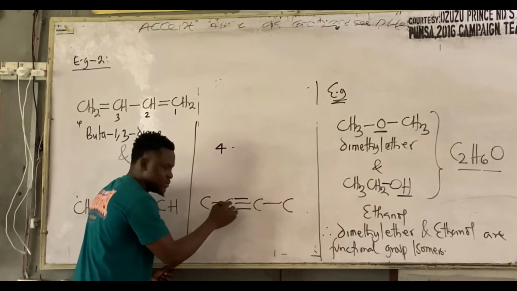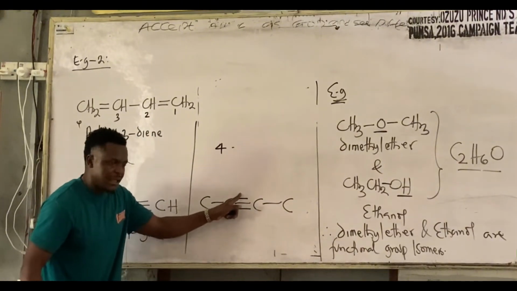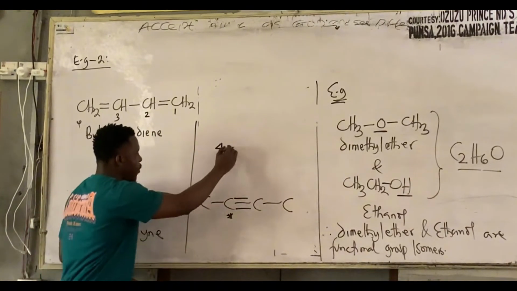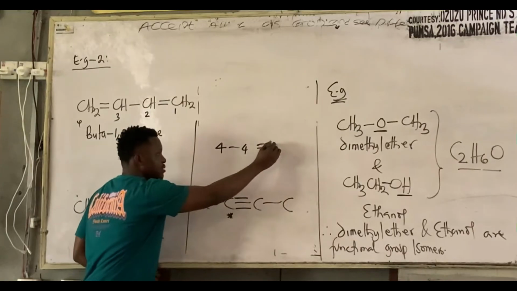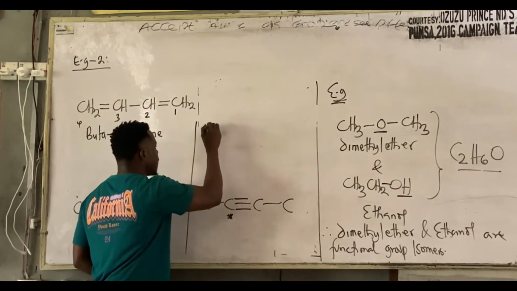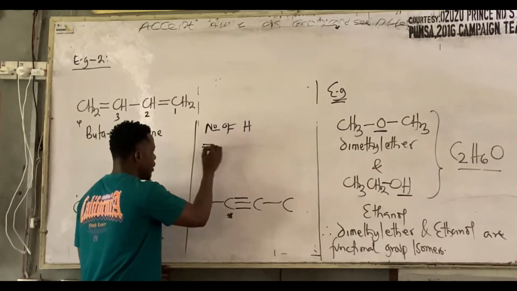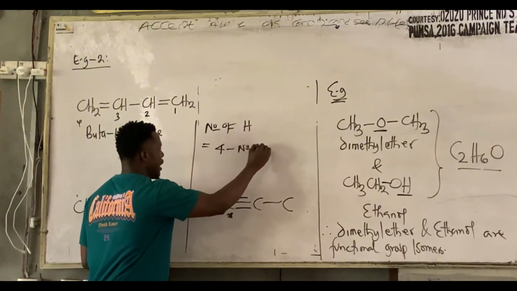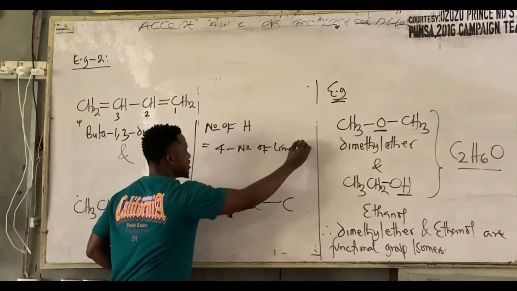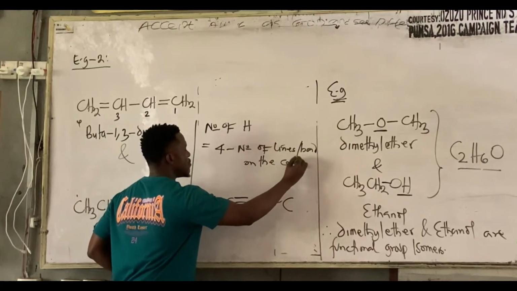How many lines can you see making contact with this guy? 1, 2, 3, 4. So 4 minus 4 is 0. The number of hydrogens on a particular carbon is always 4 minus the number of lines or bonds on the carbon.